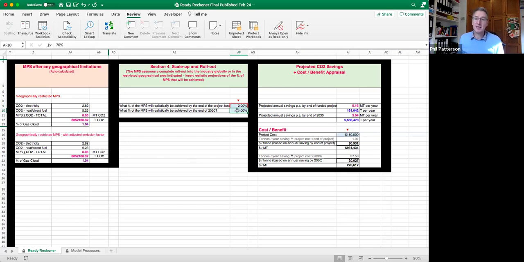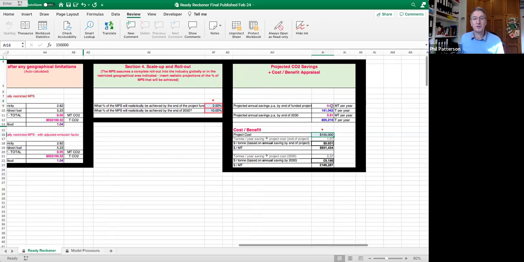But if something is successful and is delivering huge savings, then the roll-up can sometimes be exponential. So I'm going to put in 10% here. And then this calculates through to 0.16 megatons per year by the end of the funded project, and 0.61 megatons per year by the end of 2030, with the calculations there for the cost per tonne.